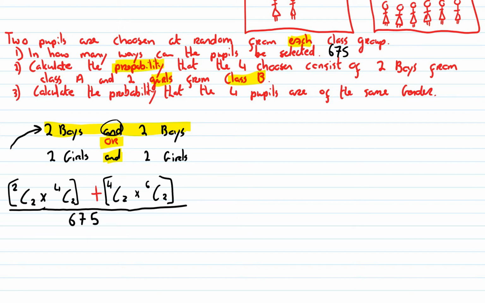Just put it in brackets. And the total answer then is 32 over 225. If we work out the top, we'll actually get 96, and the bottom is 675, and if we cancel it down, then that's our answer.